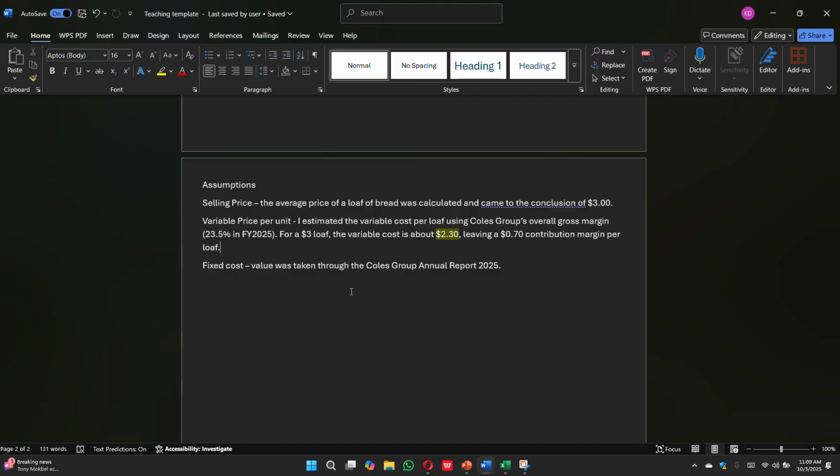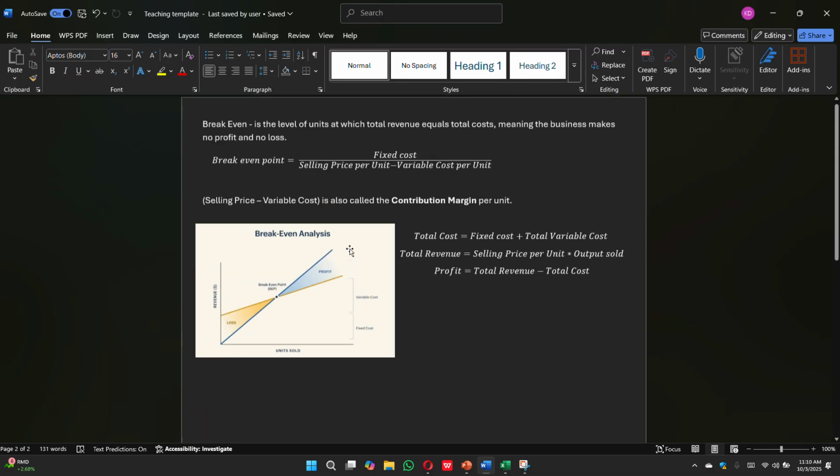For variable cost I used their annual report of 2025, and I got their GP margin, which is 23.5%. So I used my assumed selling price, $3, and multiplied that by 23.5%, and I got 0.70, which is their contribution margin. In order to find the variable cost, we're using this equation here.